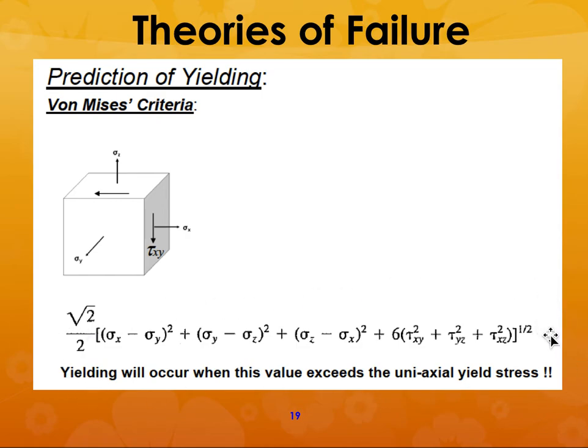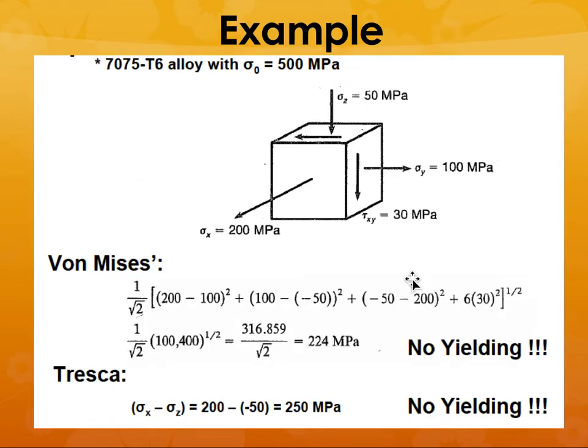And if you know the sum of them and if the others are equal to 0, then if this value exceeds the uniaxial yield stress, that means this material will start yielding. So that's what you include in your design in order to do that.